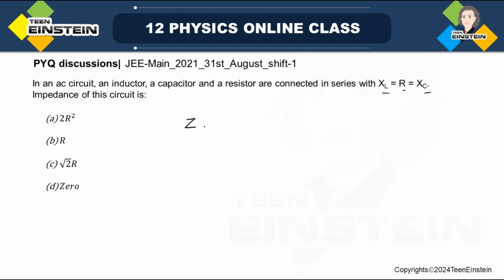So impedance, we know, is square root of R square plus (XL minus XC) whole square, right? This is the thing we know.